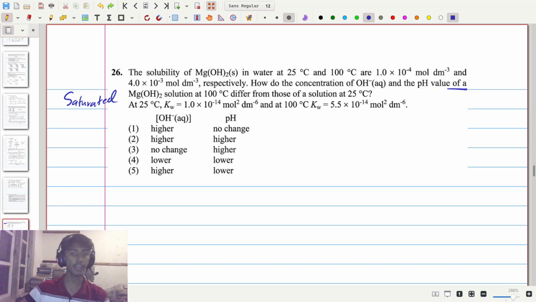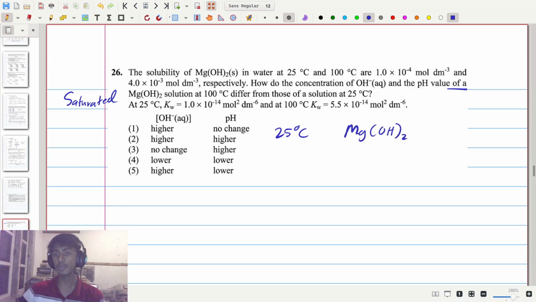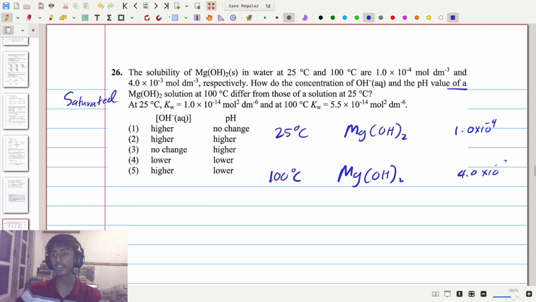Now based on that, at 25 degrees Celsius, the magnesium hydroxide concentration of a saturated solution will be equal to 1.0 times 10 to the minus 4, and similarly at 100 Celsius, magnesium hydroxide concentration will be equal to 4.0 times 10 to the minus 3.